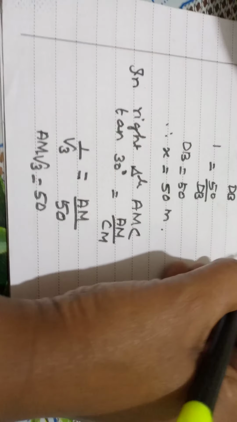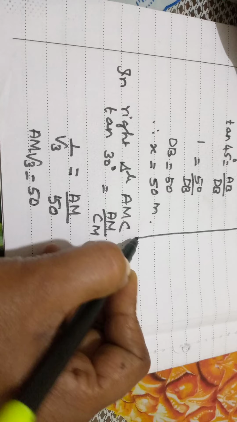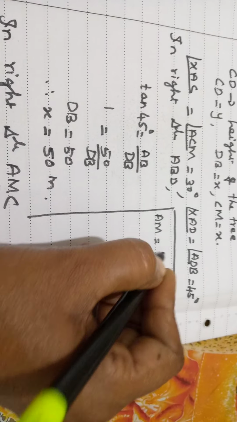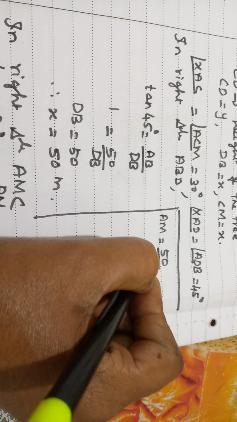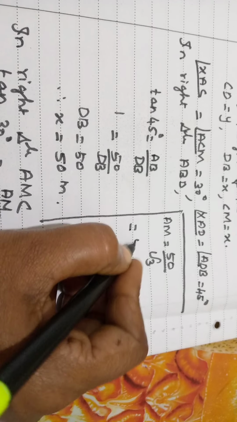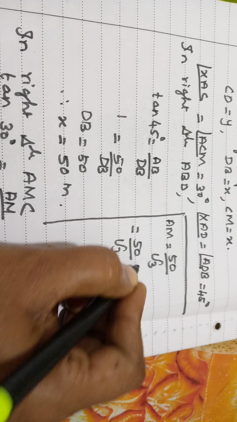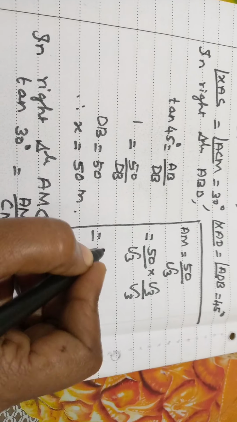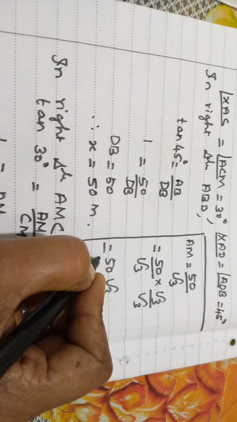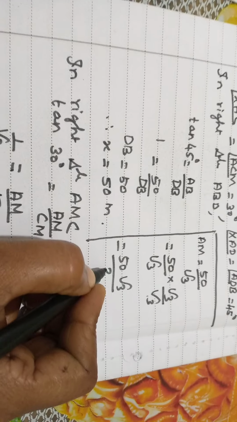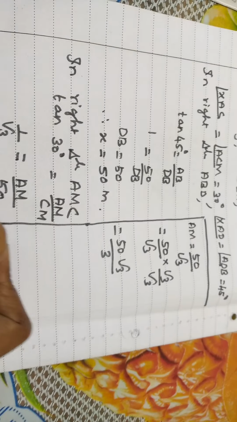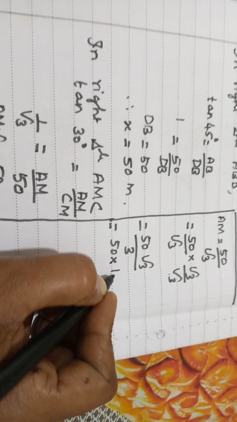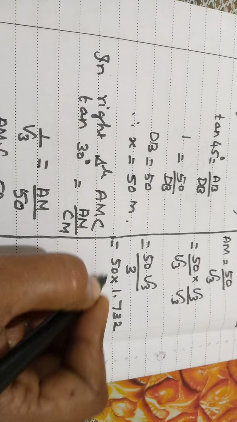Now from here AM is equal to 50 by root 3. Let's rationalize the denominator: 50 by root 3 into root 3 by root 3, which we can write as 50 root 3 by 3, since root 3 into root 3 is 3. Which is equal to 50 into root 3 value 1.732 by 3.